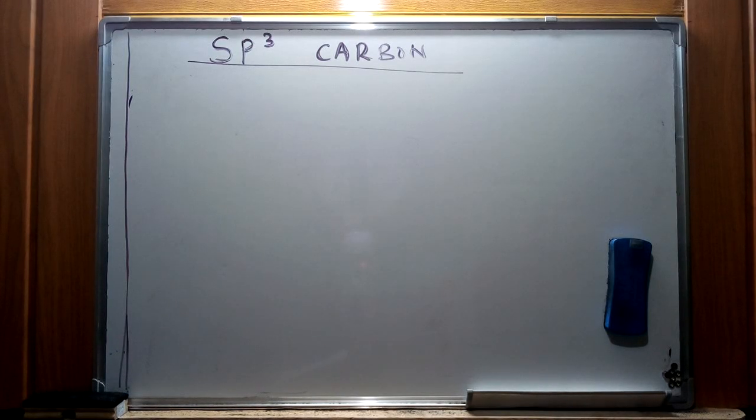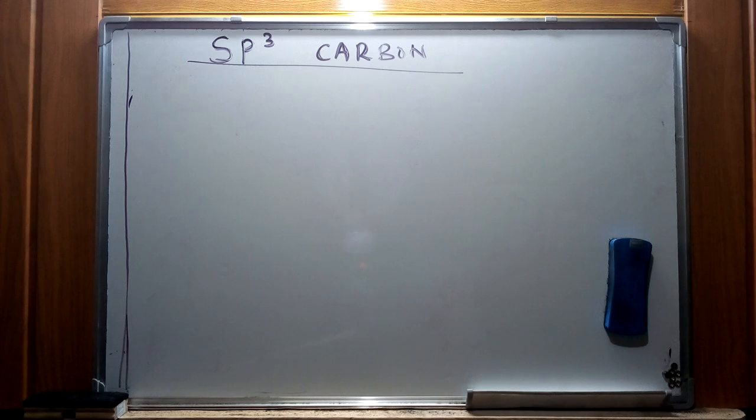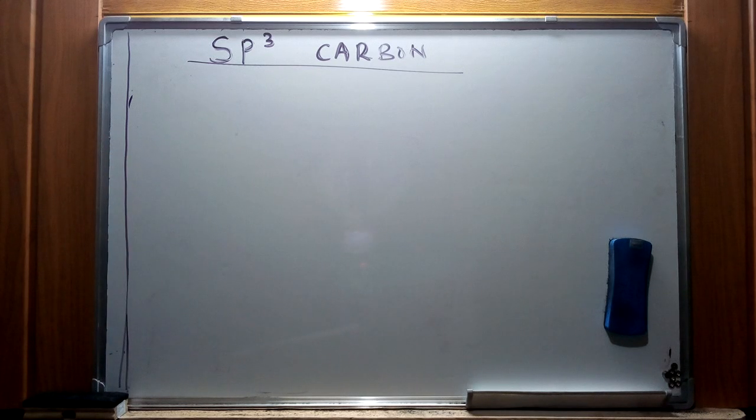So today we're going to look at different concepts under the atomic orbitals on carbon. Earlier on we had looked at the concept of hybridization of a carbon atom, and we had mentioned the concept of sp3 hybridized orbitals, which is achieved from the valence electrons in the 2s and the 2p orbitals which form the valence shell of a carbon atom.